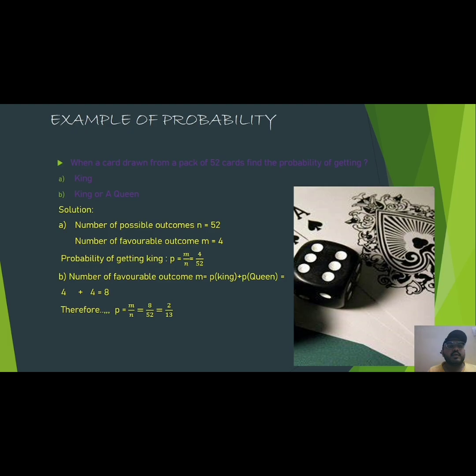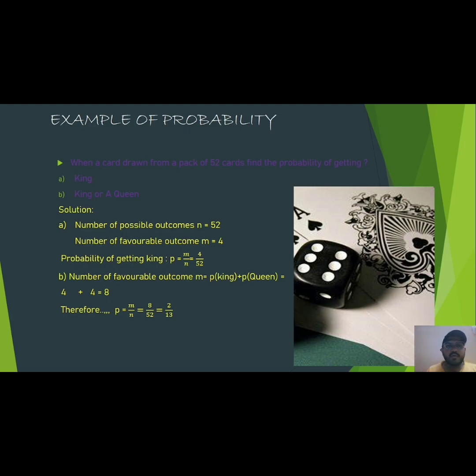Examples of probability. Here, when a card is drawn from a pack of 52 cards, find the probability of getting a king or a queen. Here is the solution. First, the number of possible outcomes n is equal to 52.